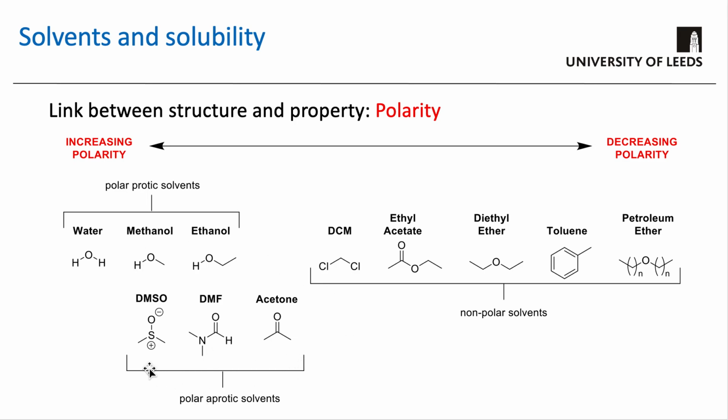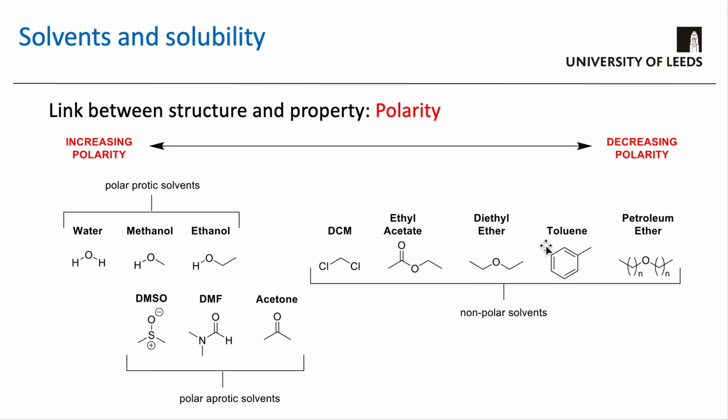Then we have polar aprotic solvents, which have electronegative bonds, but don't have hydrogens to donate or accept in acid-base reactions. And then we've got other standard organic solvents as well, dichloromethane and ethyl acetate, which have some polar bonds, but they're not as polar as the other polar aprotic solvents.